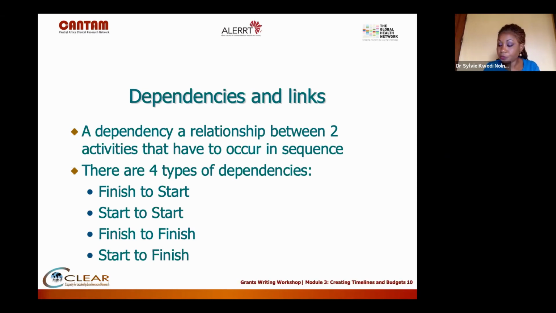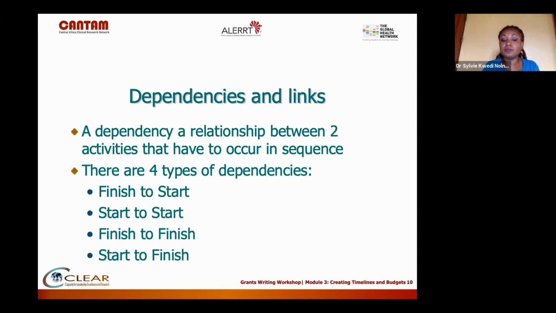The finish to start dependency actually means that you usually have task A and then task B. Finish to start, meaning that task A needs to be completed before you start task B. That's a finish to start dependency. That goes back to my example about the ethical clearance.